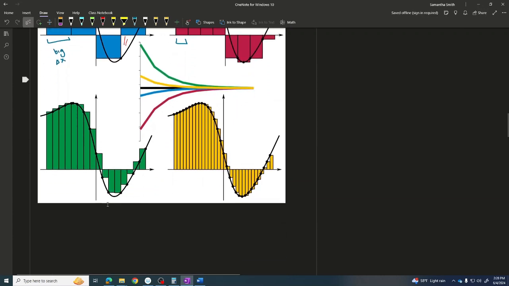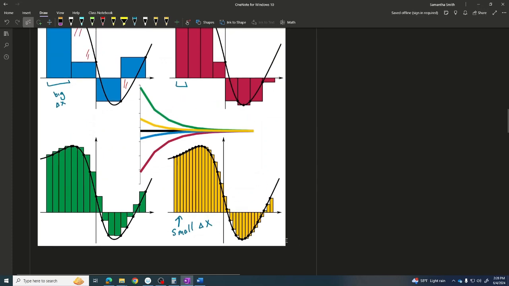And as you shrink delta x even more, we can see that the gaps between the rectangles and the graph of the function have started to become very, very small indeed. The smaller delta x becomes, the better the Riemann sum estimate becomes for the net area between the function and the x-axis.